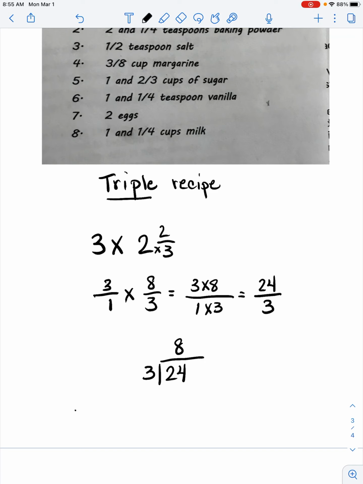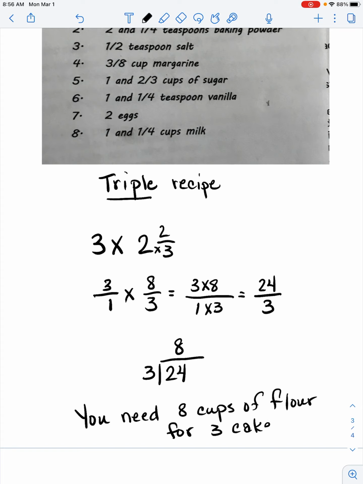So you need 8 cups of flour for 3 cakes. And I'm sure that those cakes will taste delicious. And that is a really good example of why it's important to know how to multiply mixed numbers.